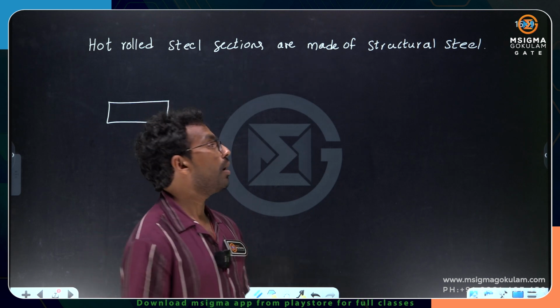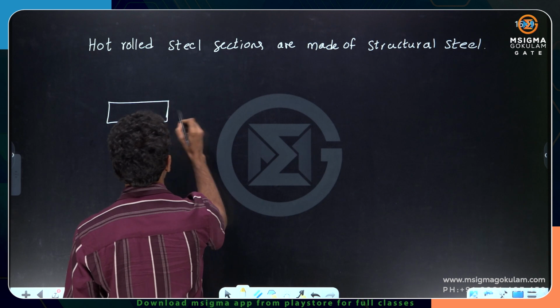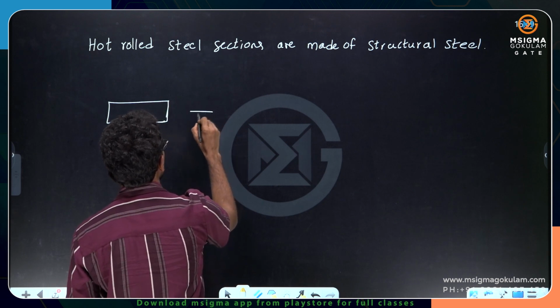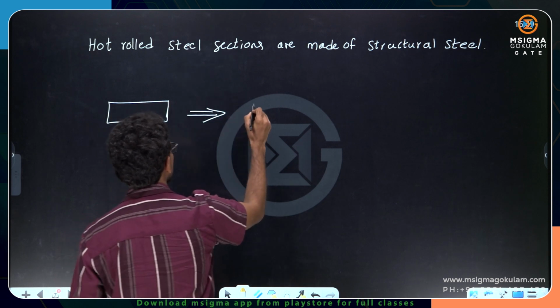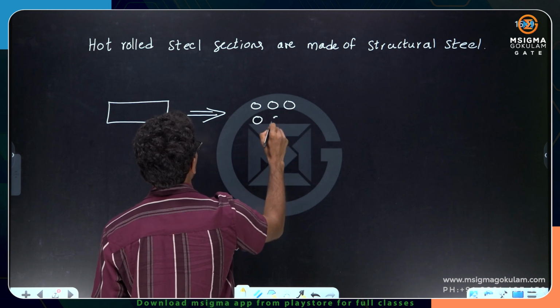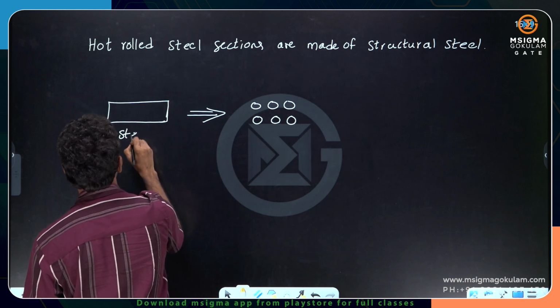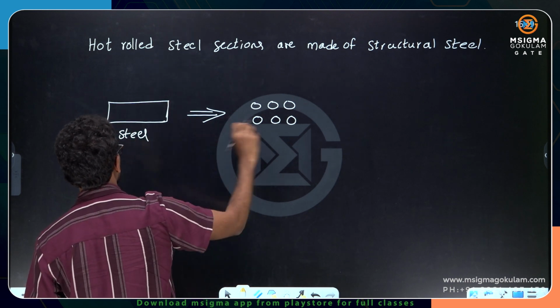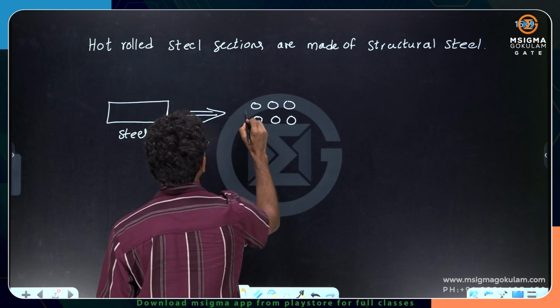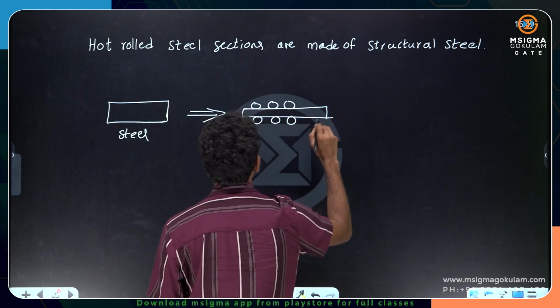Then all these materials are mixed, and that material, which is in a molten state, is subjected to a set of rollers. The steel material is passed under these rollers, and these rollers convert this material into the required shape and size.